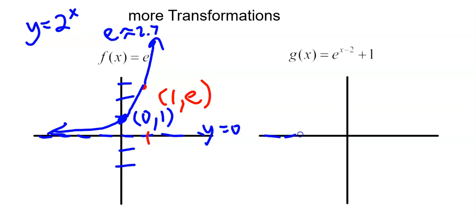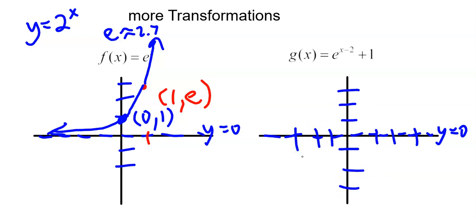Transformations work the same way. So if you start with y equals 0 here, again, we're just sketching it out. It's more of a sketch than a pure graph here. And so if we plot the point 0, 1, the parent graph looks kind of like this. This is going to move the graph a couple different things here.